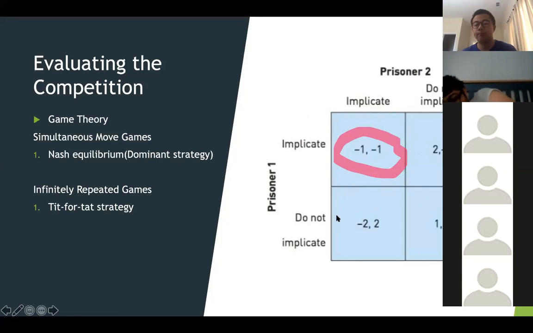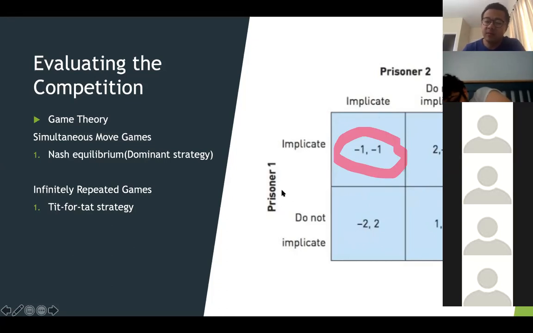So for this dilemma, which one is the Nash equilibrium? Is it the upper left corner one? Why?